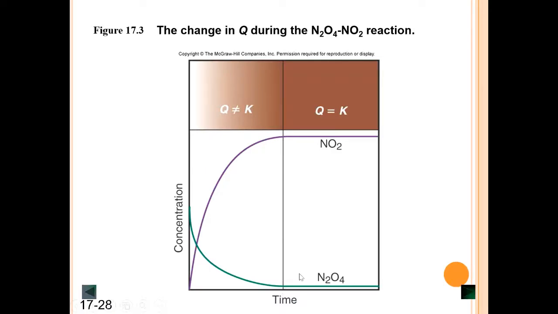If the concentration is sampled at this intercept point, then the Q value will not equal the equilibrium constant value, because at this time the system is not at equilibrium. However, if the concentration is sampled starting at any point from here onward, then the value of Q will be equal to K, because from this point the system has reached equilibrium.